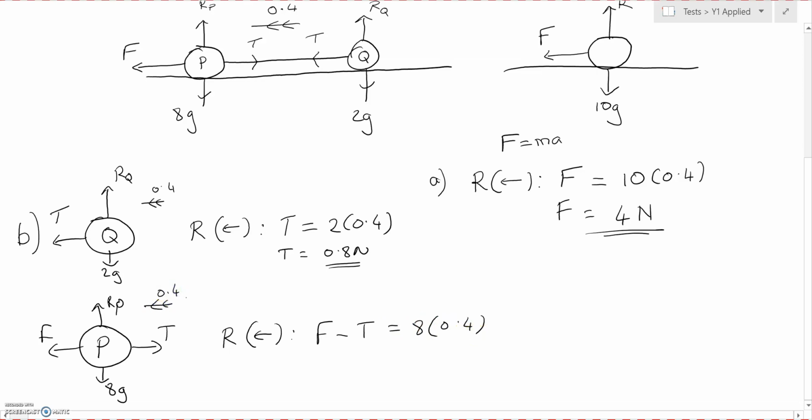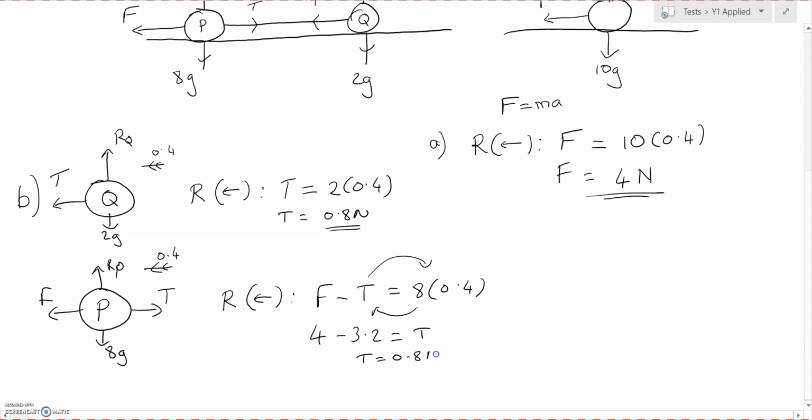F was 4, and if we take the T to the other side and bring 8 times 0.4, which is 3.2, to the left, we get T equals 0.8. So as I said, whichever particle you choose, you should get the same answer each time.